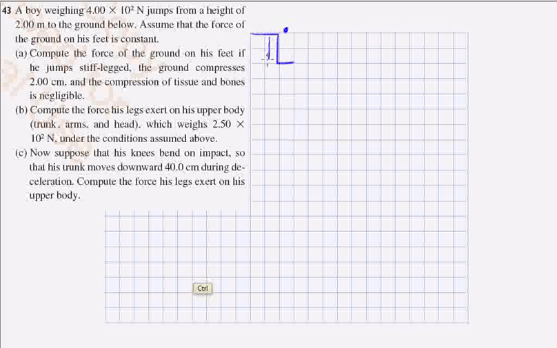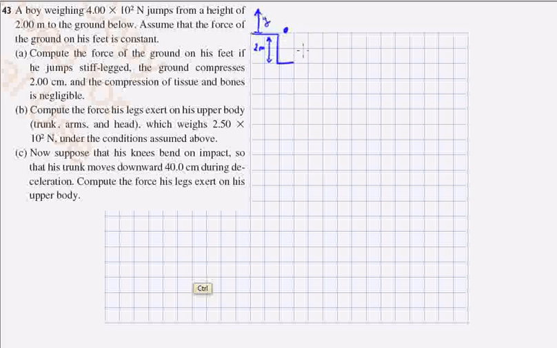This is 2 meters. And of course he's displacing himself downwards. We can put a coordinate system like this, y, and we'd like to find the velocity just before he hits the ground.